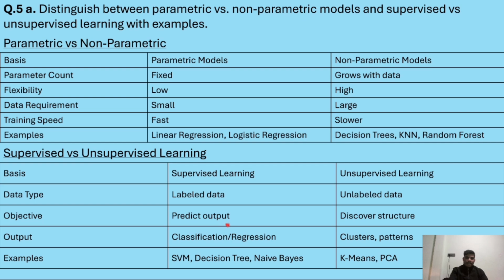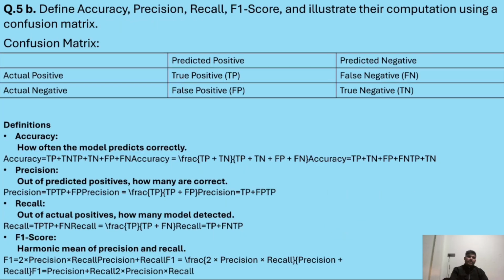Supervised learning predicts output and unsupervised learning discovers structures. Supervised learning outputs are classification or regression, and unsupervised learning outputs are clusters and patterns. Examples of supervised learning are SVM, decision tree, naive Bayes, and examples of unsupervised learning are K-means, PCA, etc.